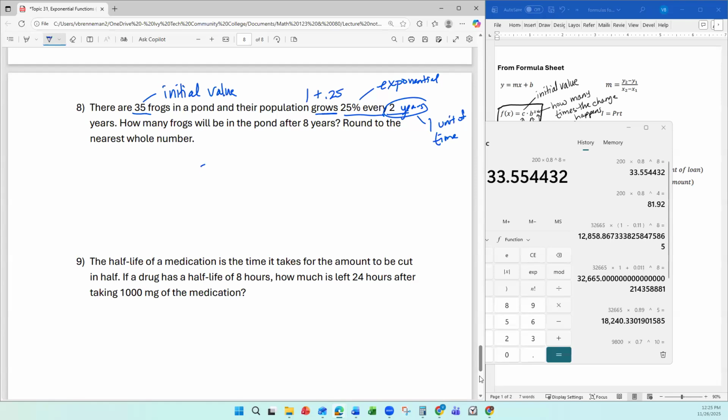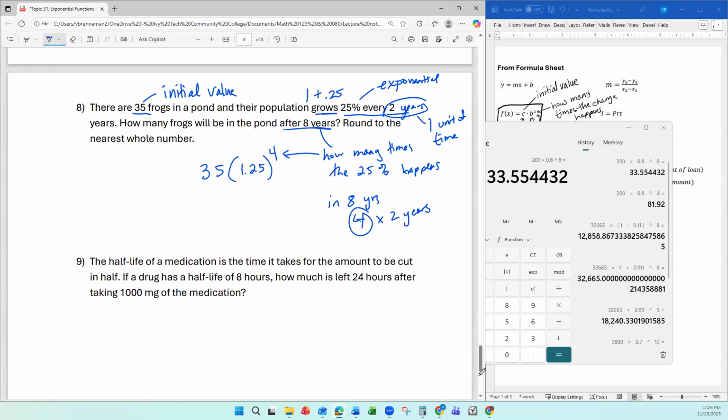So it's going to be 35 times 1.25 to what power? So after 8 years, what we want to put here as the power is how many times the 25% happens. And in 8 years, that is 4 times the 2 years. So 4 is our power on this.